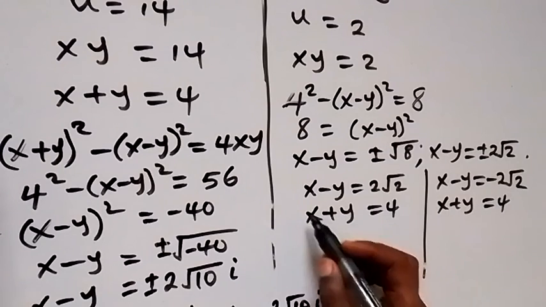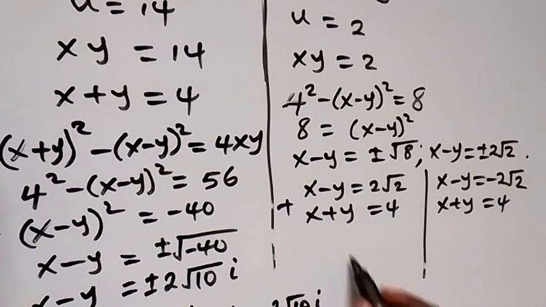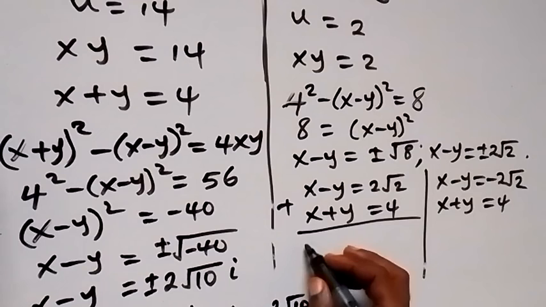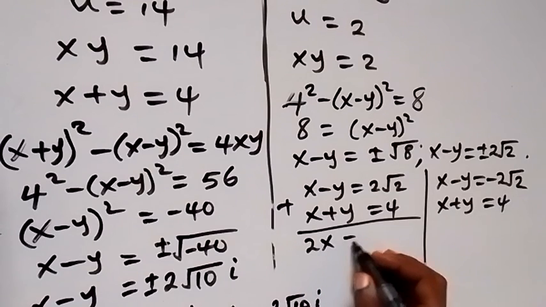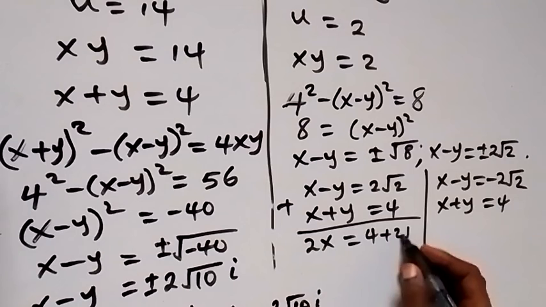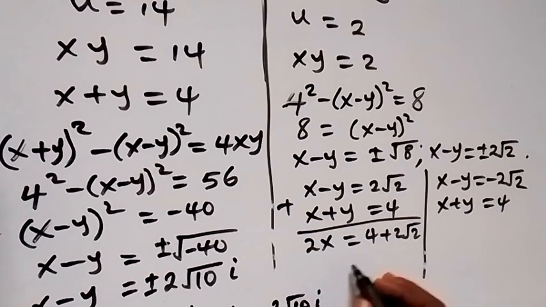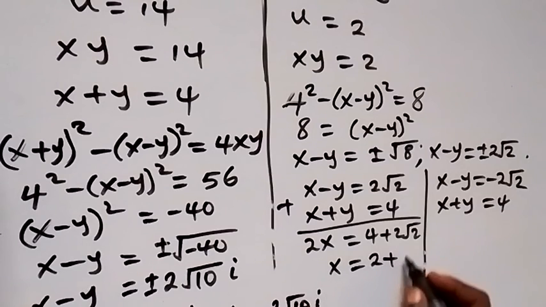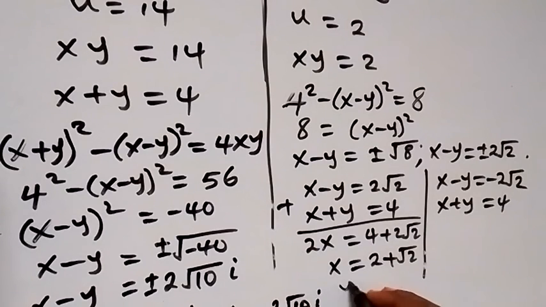We are solving here, then we add. When we add here, we have 2x equals 4 plus 2 root 2. Then divide both sides by 2. So x here equals 2 plus root 2. And then when we use x plus y equals 4, y is now equal to 4 minus x.